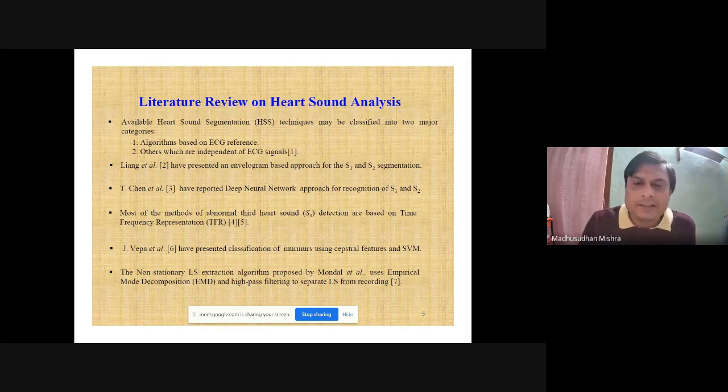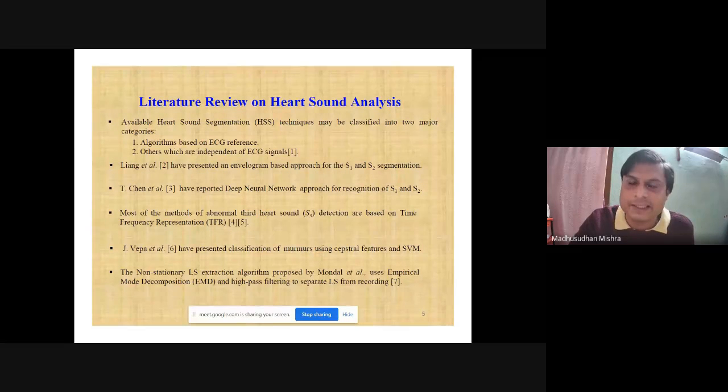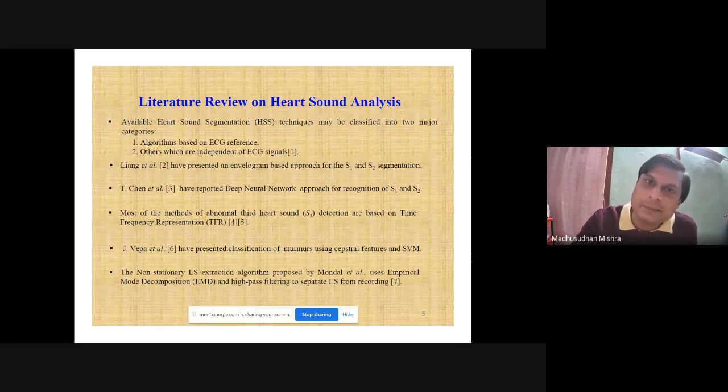But when someone goes for the first method, the algorithms which require the electrocardiogram signal as a reference, it requires simultaneous recording of the electrocardiogram signal along with our phonocardiogram signal. And it gives discomfort to the patient because it requires some circuitry.